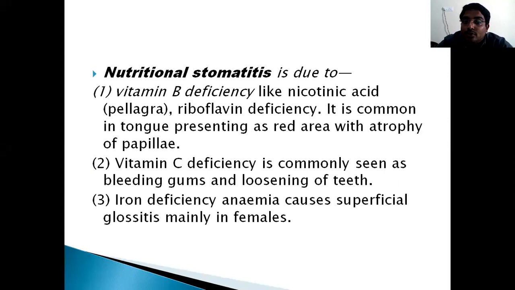The next one is nutritional stomatitis. It is due to vitamin B complex and C deficiency and iron deficiency anemia. Vitamin B deficiency, like nicotinic acid and riboflavin deficiency, is common in the tongue, presenting as a red area with atrophy of papillae. Vitamin C deficiency is commonly seen as bleeding gums and loosening of the teeth.